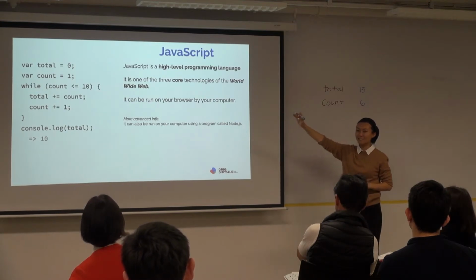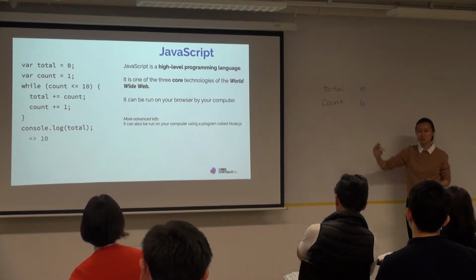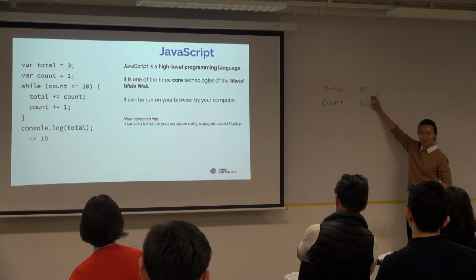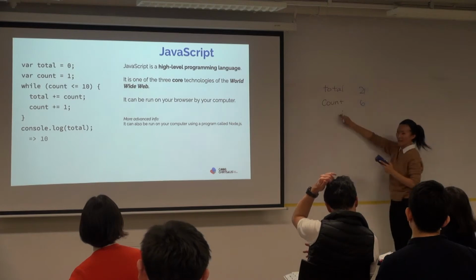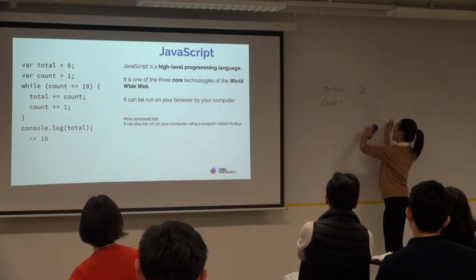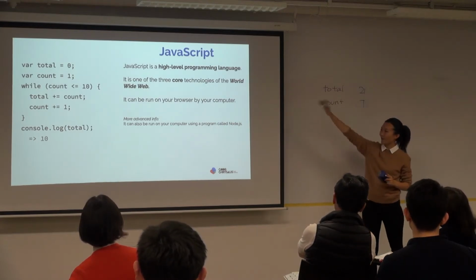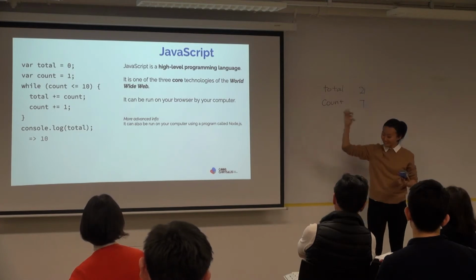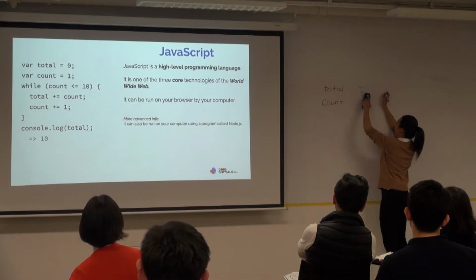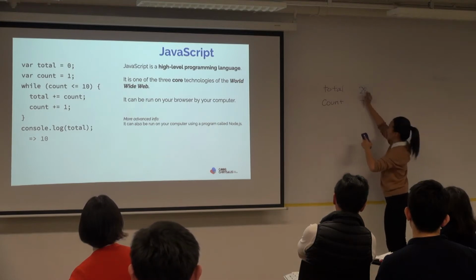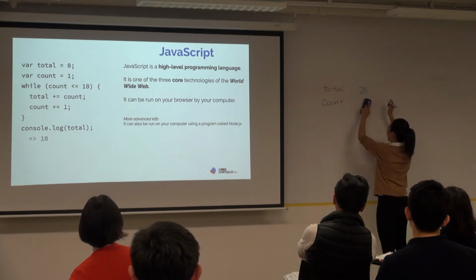Okay, one more time. Count less than or equal to 10? True. What is my new total? 21. What is my new count? 7. Count less than or equal to 10? True. What is my new total? 28. What is my new count? 8.